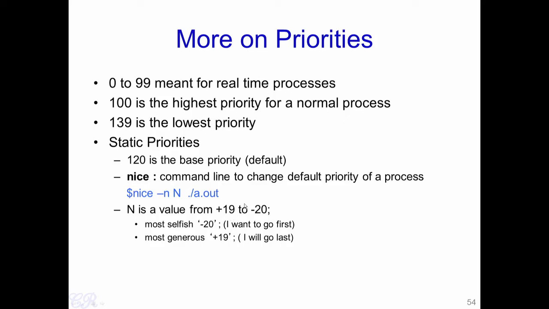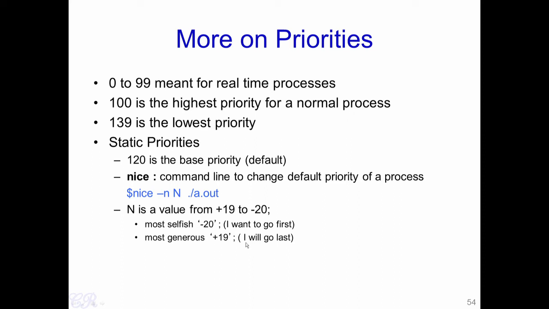Essentially, the value that we specify here gets added to the base priority. For example, if I say nice -n 19 ./a.out, the process that I am starting will have a priority 120 plus 19, that is 139. So, this would be the least priority that it could have.